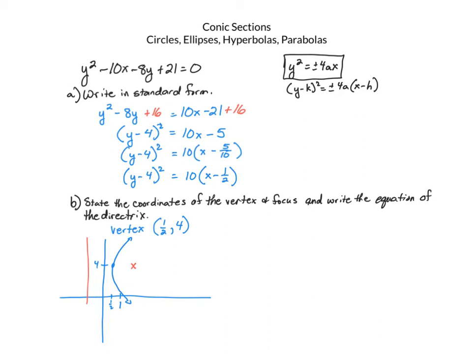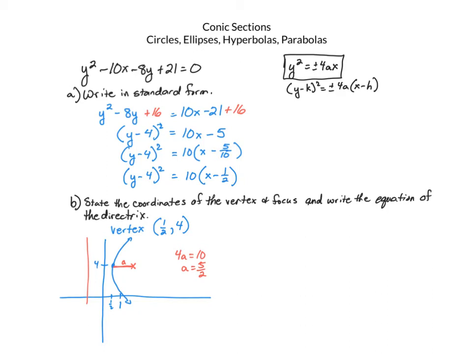I need this distance right here because if I knew that distance, I could tell where the focus is. Well, we know that is a. And for this problem, I know that 4a is 10. Let's use that information. 4a equals 10 means that a is 5/2, or 2.5.